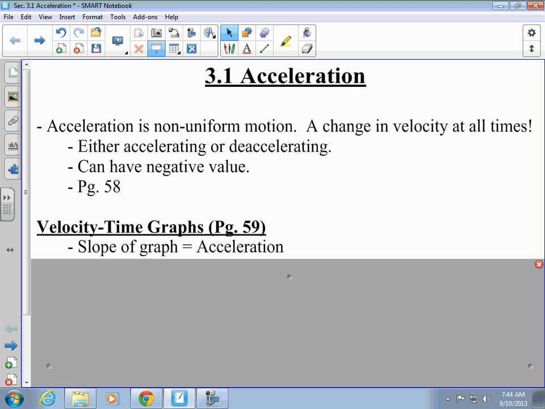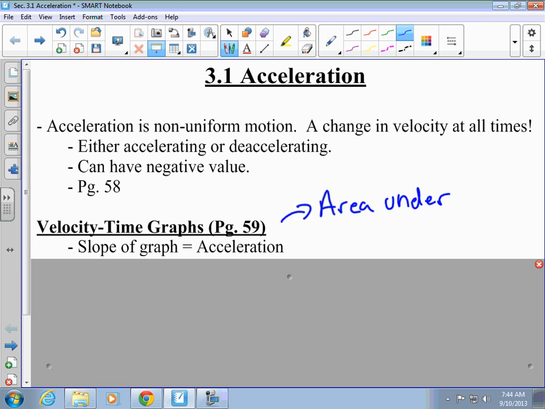For a PT graph, the slope is velocity. For a VT graph, the slope is acceleration. Also, the area under the line on the graph is equal to our total distance traveled.